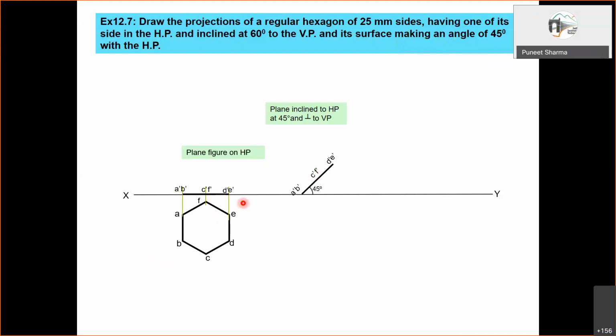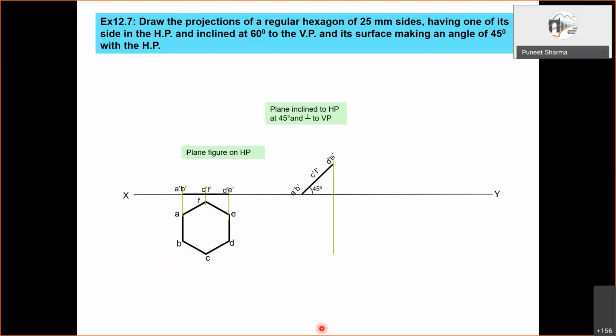And as considered the previous time, while doing this, the distances of the corner points from the vertical plane will not get altered in this case. So we can draw the locus for each of the corner points from here and the projectors from the front view.